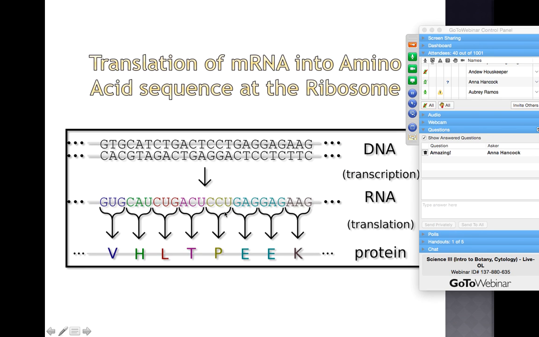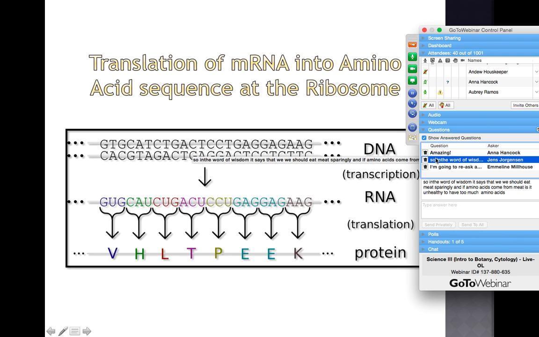So the process now of changing the message of RNA into the sequence of amino acids is called translation. It's called translation because now we are changing the language. We are changing the type of building blocks.